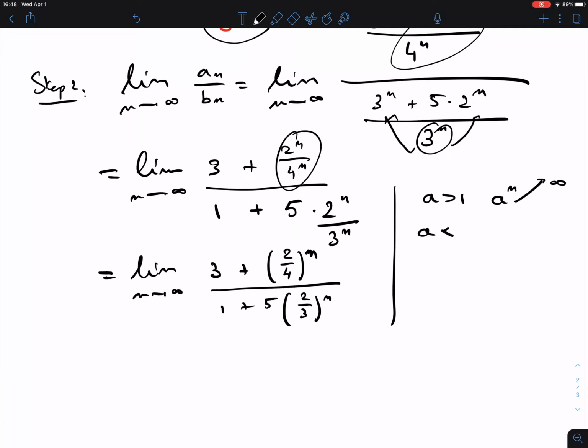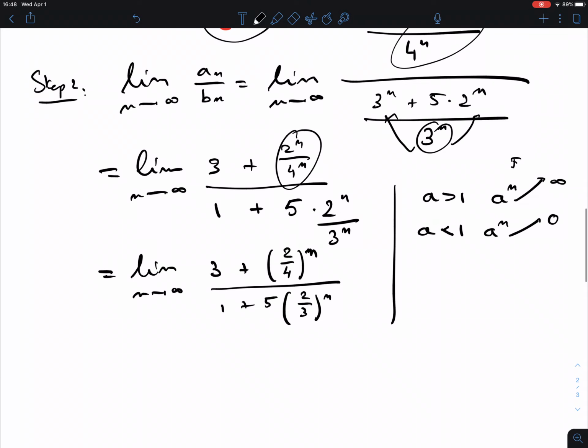If the base a is less than 1, then a to the n goes to 0. This is exponential growth, and this is exponential decay. Okay, this is something that you studied before, I think, in pre-calculus and so on.